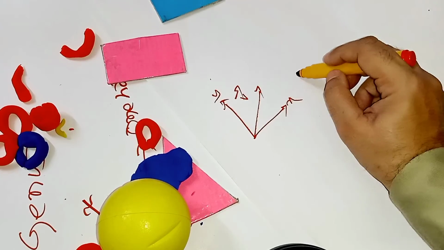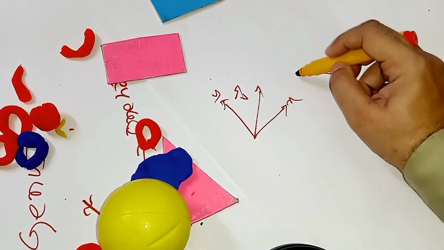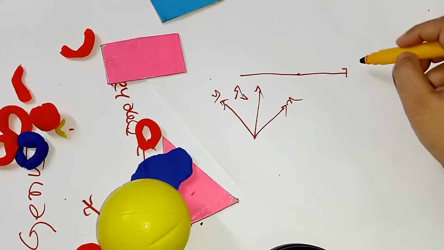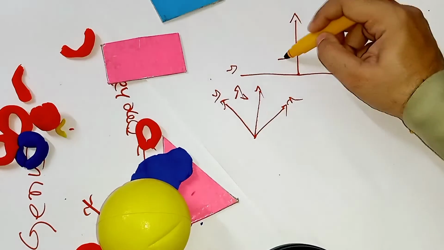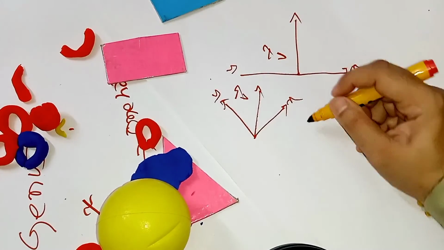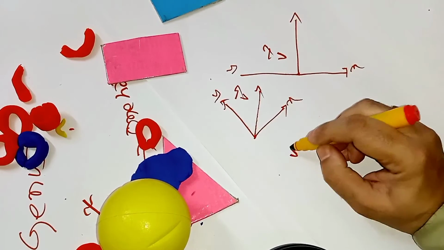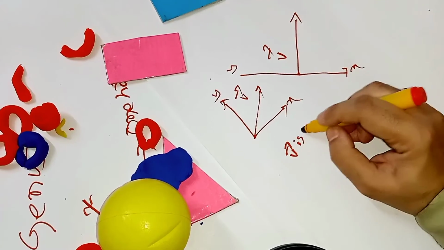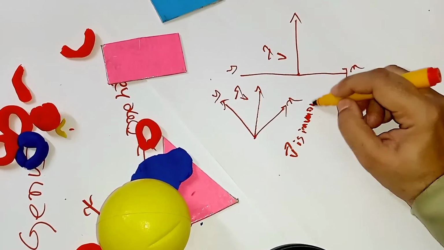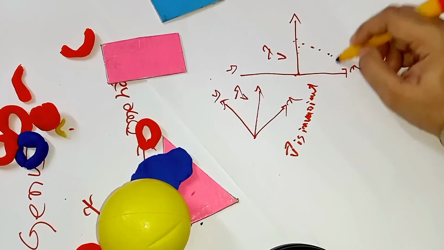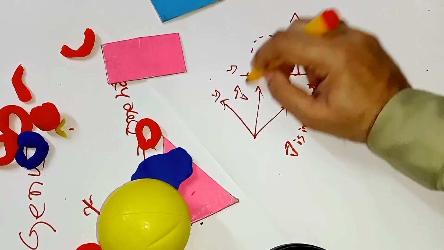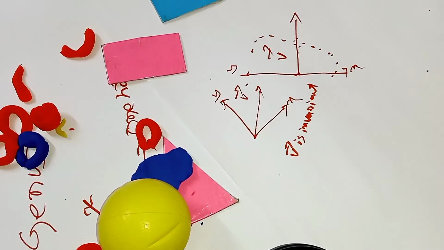If I turn the axes into this one, so this is the x and this is the y, understand that the vector v will be invariant. This is what is called the vector v being invariant, although the components of the vector will change, because when I measure along the x-axis and the y-axis, the components of the vector are going to change.